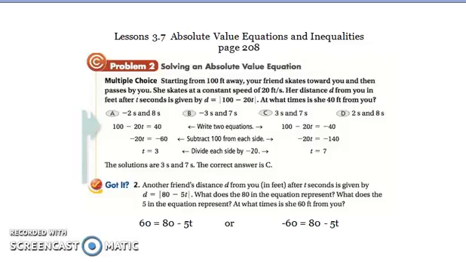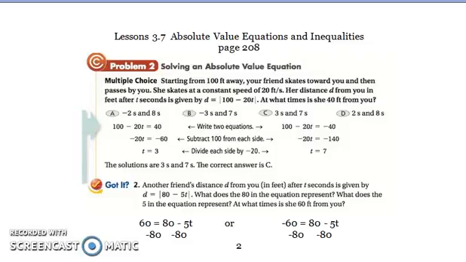So if we subtract 80 from both sides, we're going to get, sorry, I meant to have this done before, negative 5t is equal to 20.